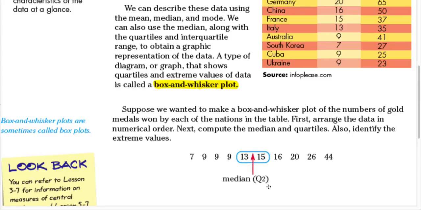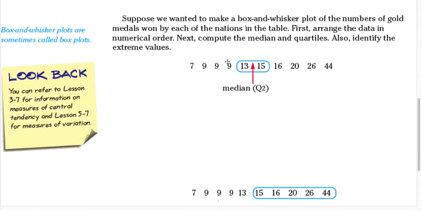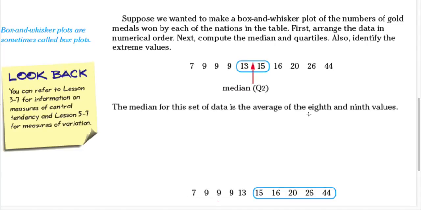That is our median or our Q2. The median for this set of data is the average of the 8th and 9th values. So we simply add 13 plus 15 and divide by 2, which is equal to 14.